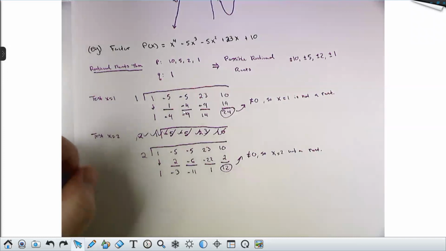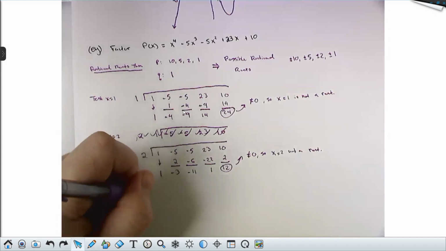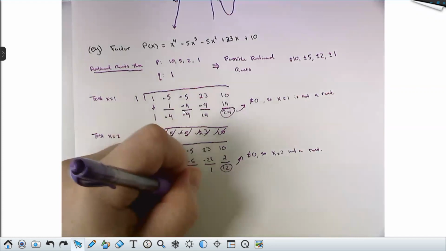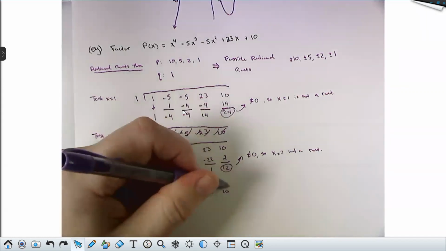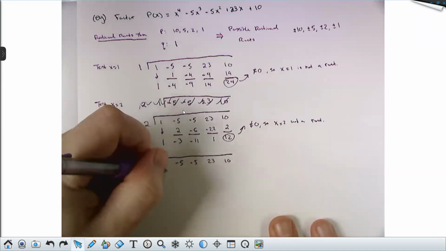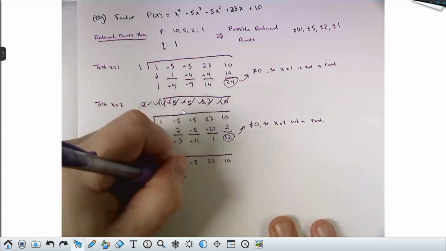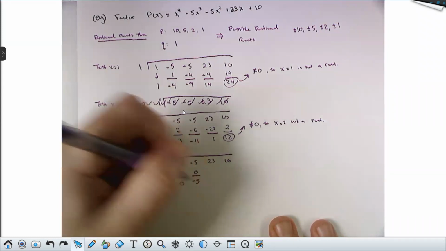Let's test 5 next. We'll just run through all the positive ones. So I write 5 and then the coefficients 1, -5, -5, 23, and 10. Bring down the 1. 1 times 5 is 5. Plus -5 is 0. 5 times 0 is 0. Plus -5 is -5.